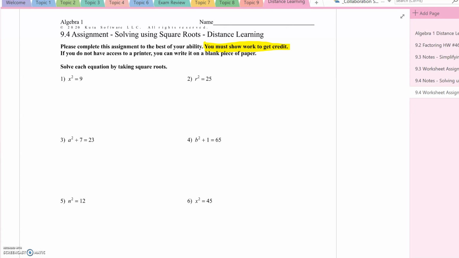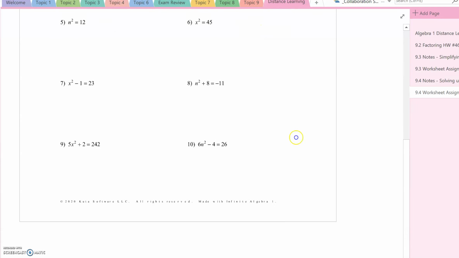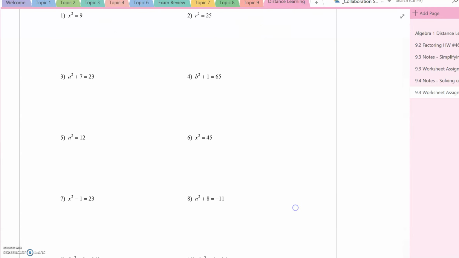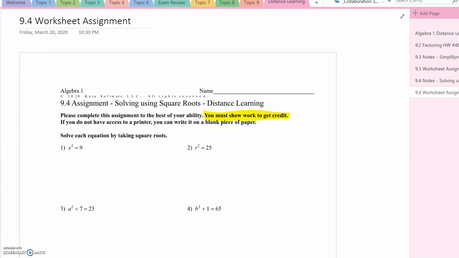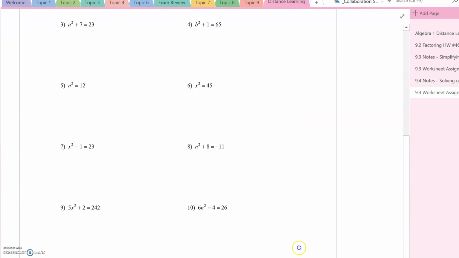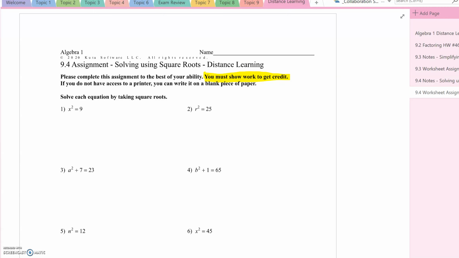If you don't have access to a printer, that's no problem. Just do it on a blank piece of paper and take a picture of that blank piece of paper and submit it. And once you finish this, you also have a Pearson Realize Assignment 9.4 homework number 48, I believe. Yes, it's 48.